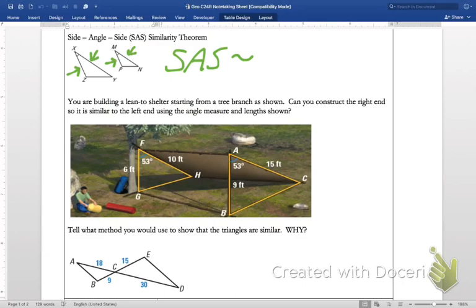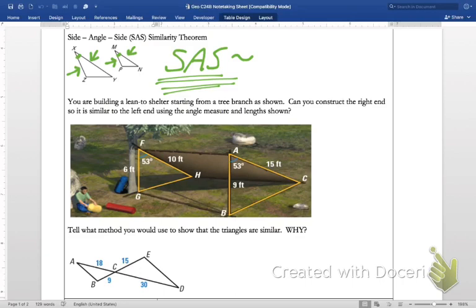And if the included angle in between is congruent, by side-angle-side, the triangles are similar. So we have a congruent angle and two sides in the same ratio or proportion. Alright, let's dig a little bit farther into this.